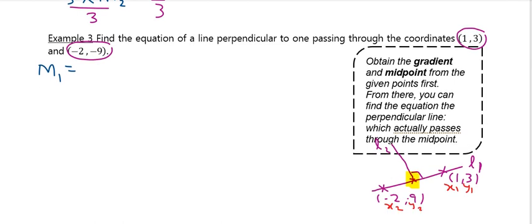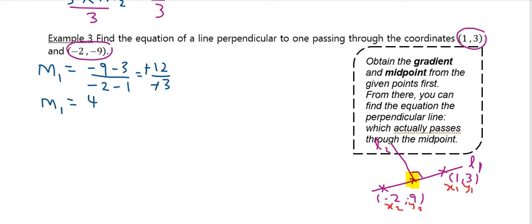So m1 equal y2, which is -9, minus y1, which is 3, over x2, which is -2, minus x1, which is 1. So -9 minus 3 will be -12 over -3. Now simplify this, you will get m1 equal 4.